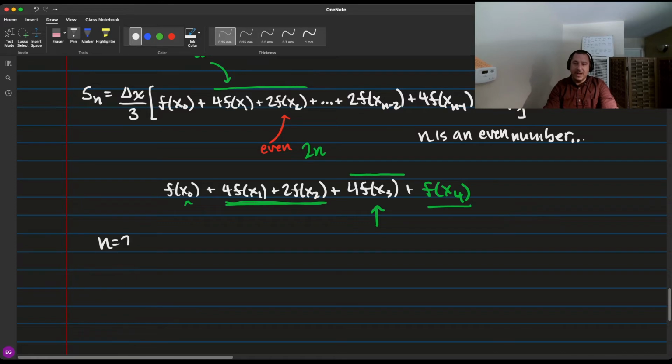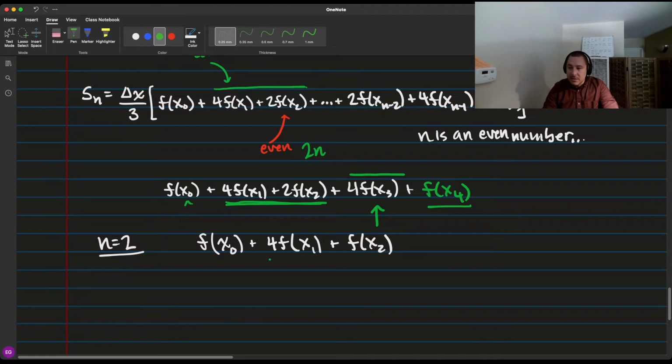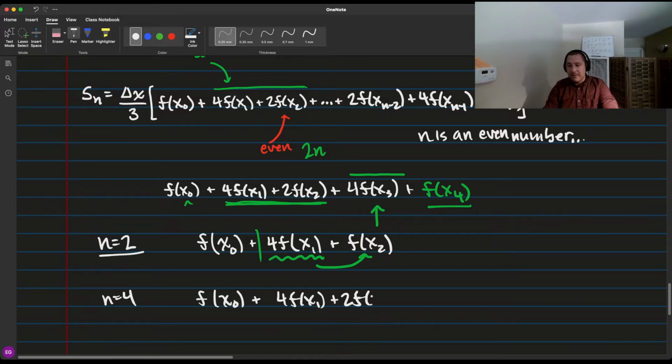If n equals 2, you get f of x0 plus 4 times f of x1 plus f of x2. You always have to have this single ending 4 before the last one. So there are 0 pairs here. And now what's the next one going to be when you do n equals 4? It's going to be f of x0 plus an actual pair, 4f of x1 plus 2f of x2.